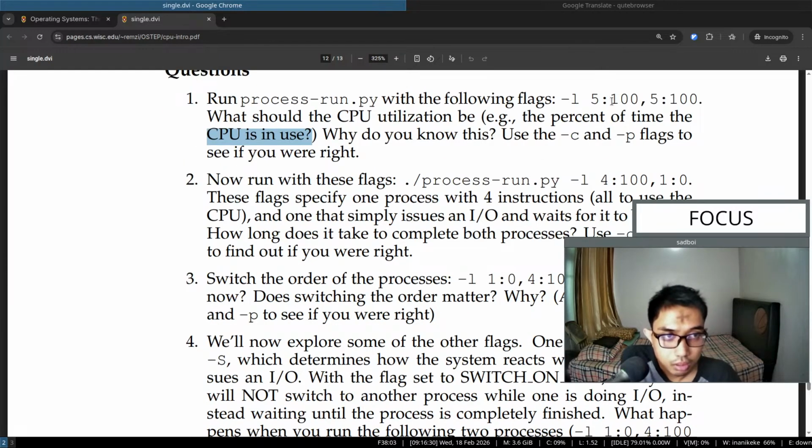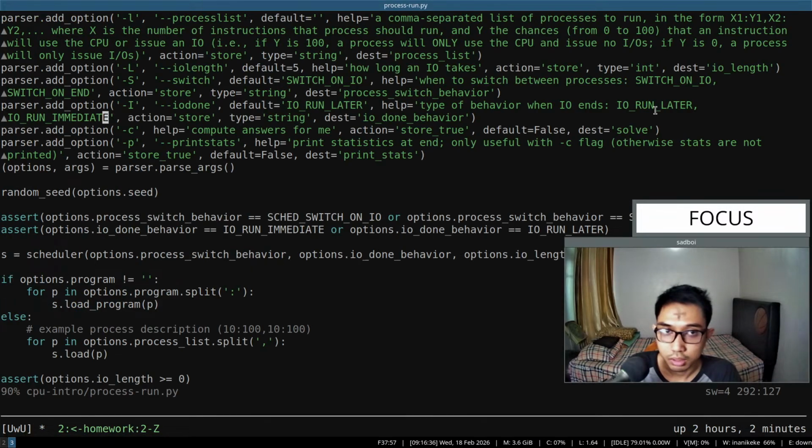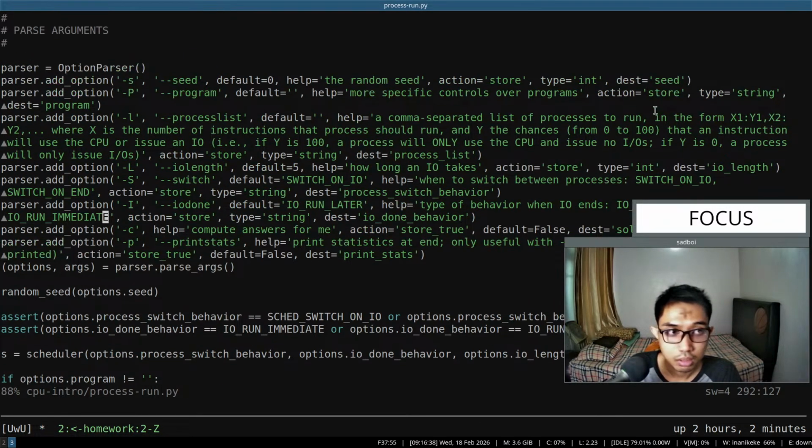I mean, because we are giving the Y, right? If the Y is 100, the process will only use the CPU and not spawn any input-output process.